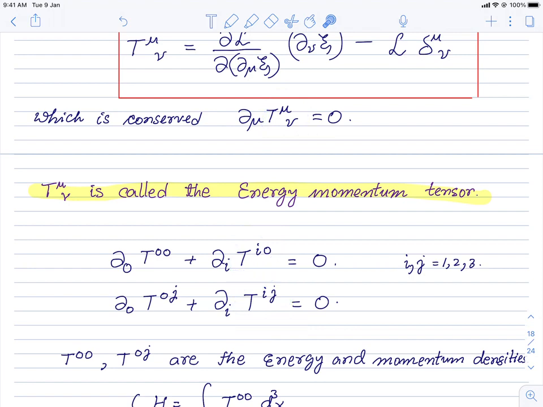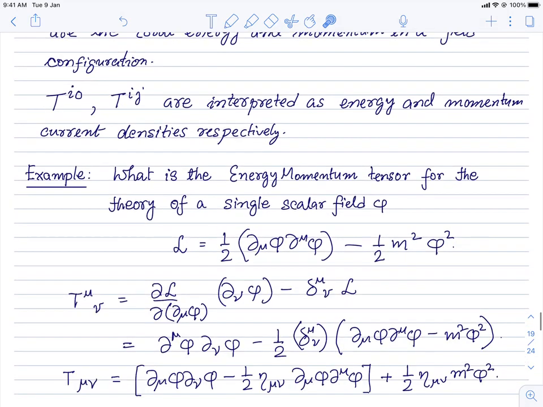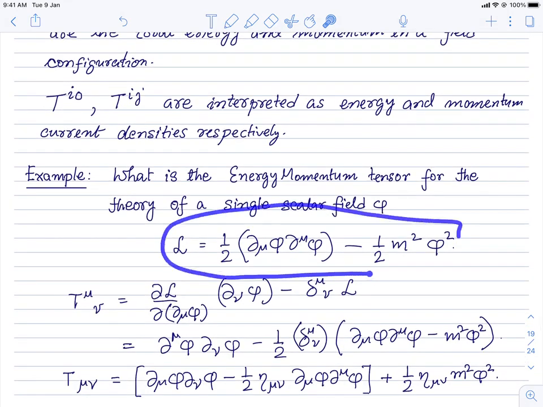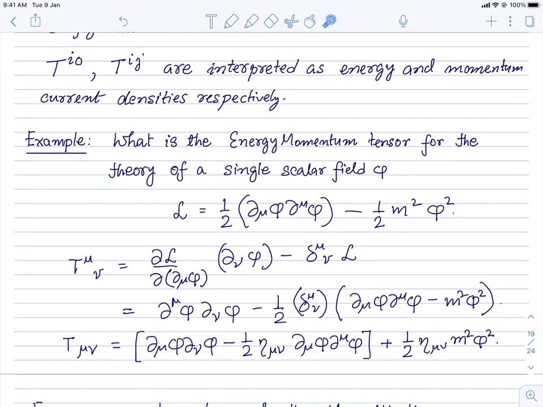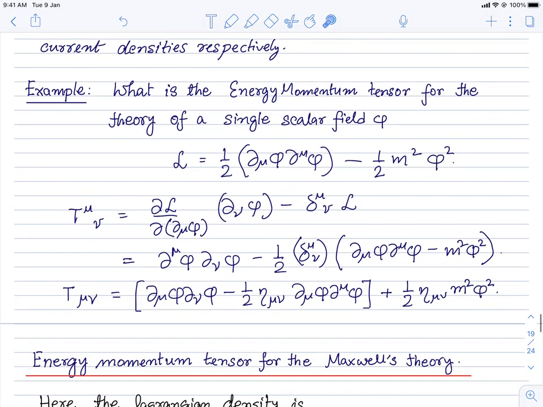So just as an example, you might want to take this simple theory for the scalar field and find the corresponding conserved energy momentum tensor for the scalar field. I've just used this formula here, and you can check whether this is the correct expression for the energy and momentum for the scalar field.